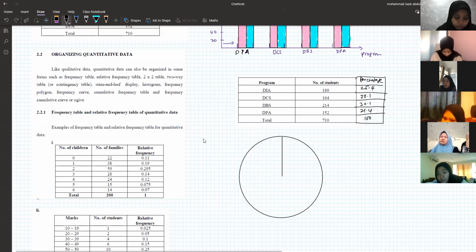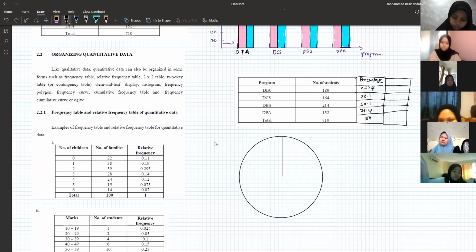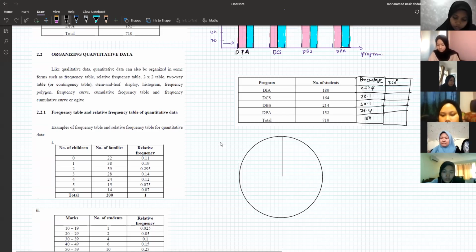Next we need to draw another column to calculate the angle. In a circle we have 360 degrees.